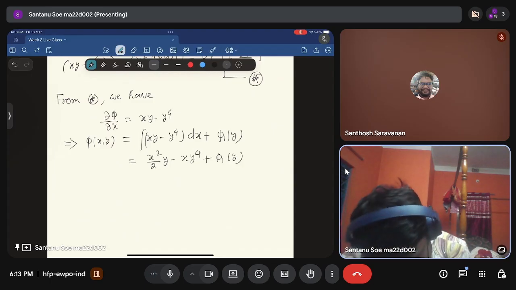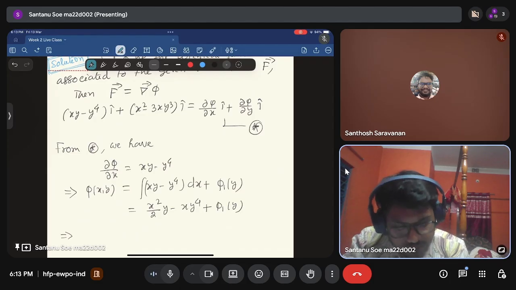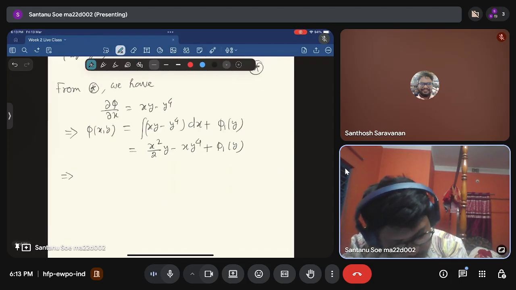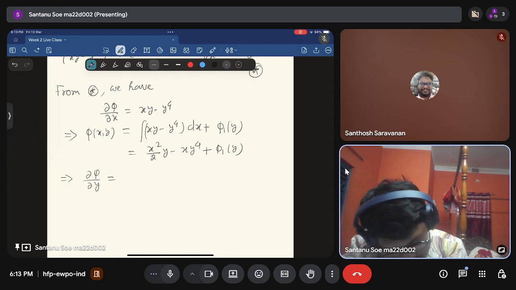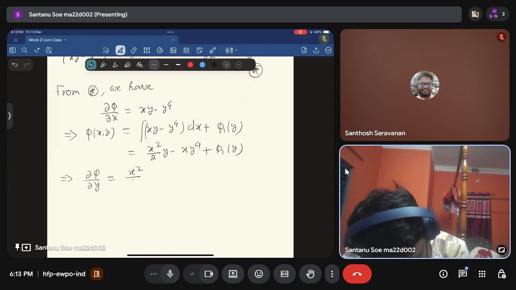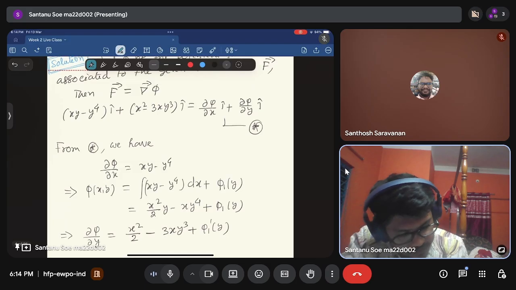Okay, and then we have another equation, del phi by del y. We're going to use that information here, so we take the derivative with respect to the variable y. So del phi by del y will be x square by 2 minus 3xy cube plus phi 1 prime of y. Now you go to the star here. You see that del phi by del y is x square minus 3xy cube, correct?